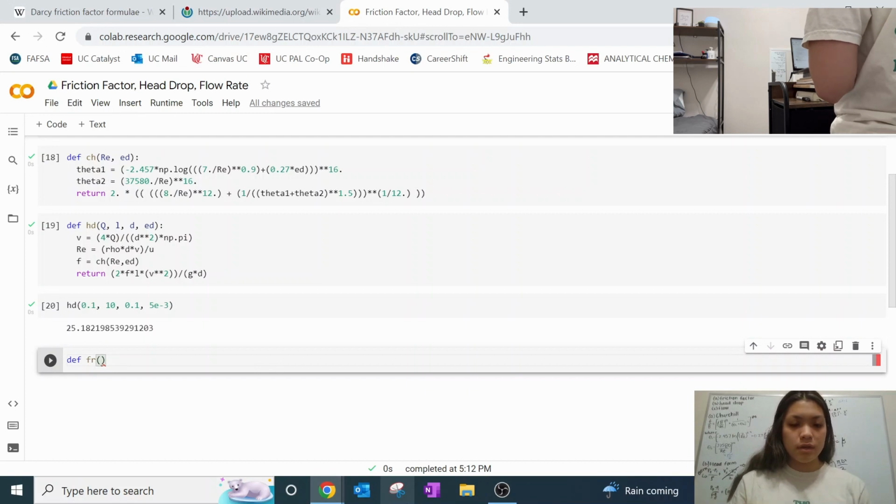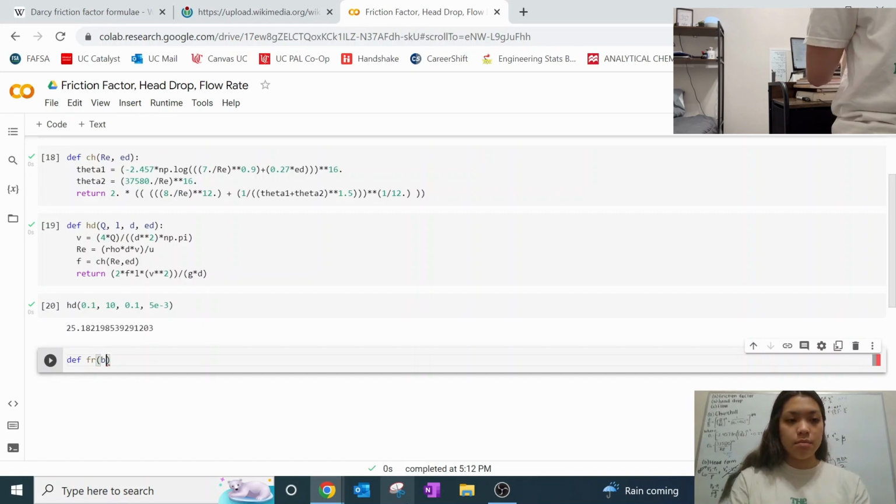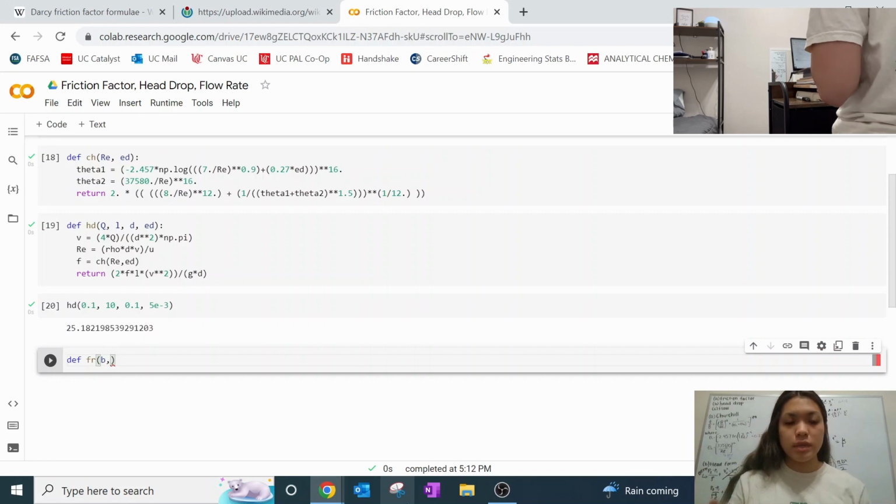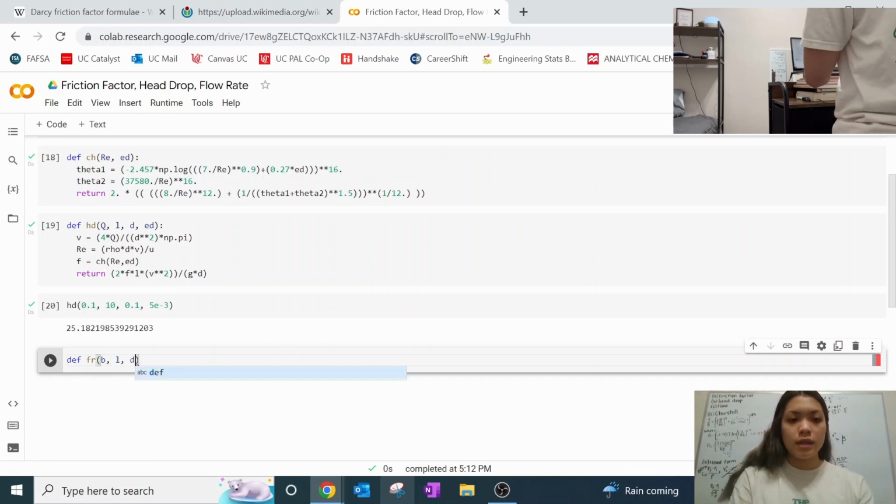We have this defined flow rate here. This is going to be our next function. And so what we're going to need is the b value, so beta. It's just an arbitrary naming of it. And then the length, the diameter, and then the roughness.